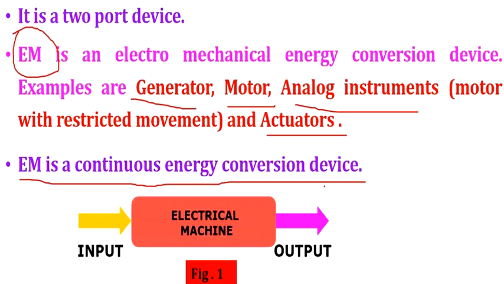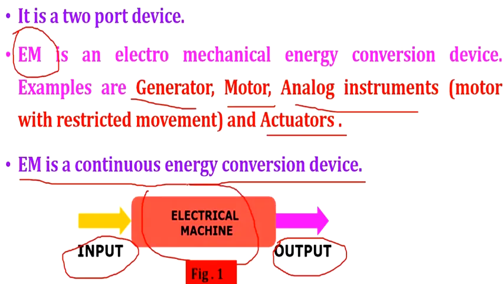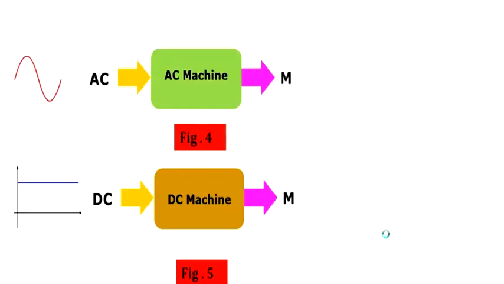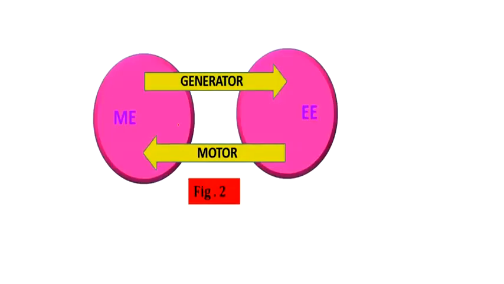An electrical machine is a continuous energy conversion. It has some input and there will be an output. In between, a conversion takes place by means of the electrical machine. Electrical machines can be classified into generator and motor.